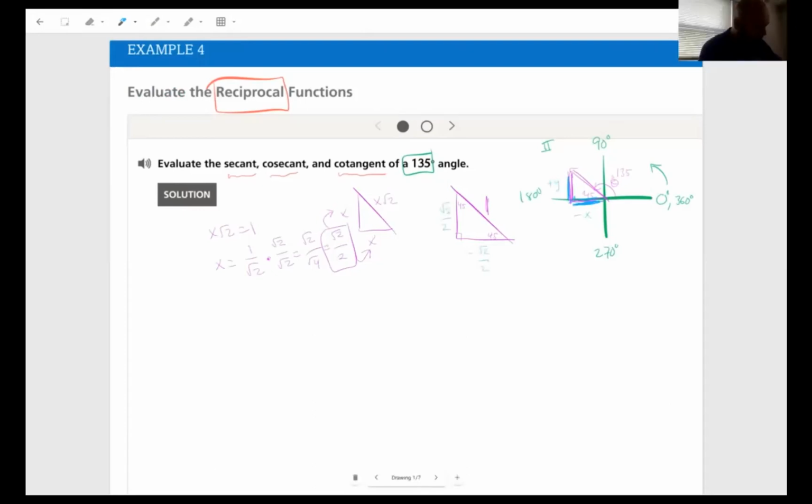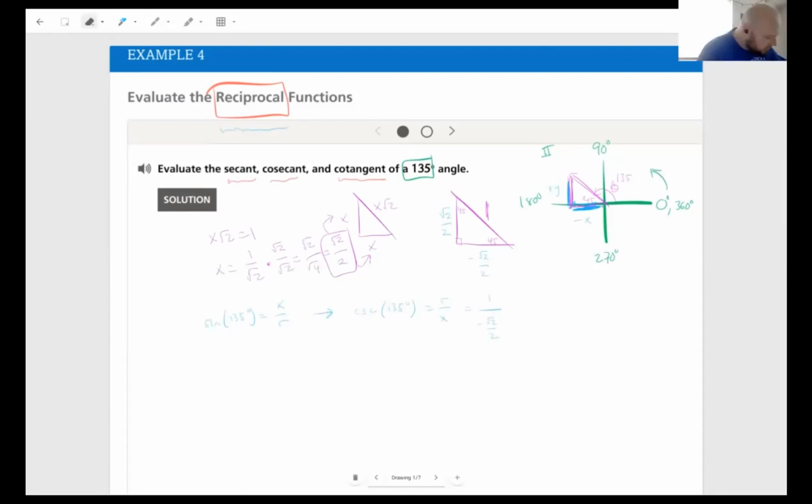So I know the sine of 135 is going to equal x over r, which means that the cosecant of 135 is going to equal r over x. So the radius, 1 over negative root 2 over 2. Well, because these are reciprocal functions, I could write it that way, or I could just solve for the sine.